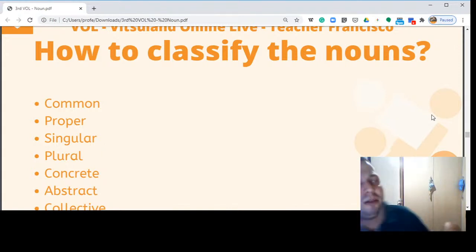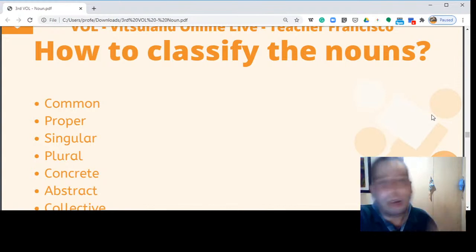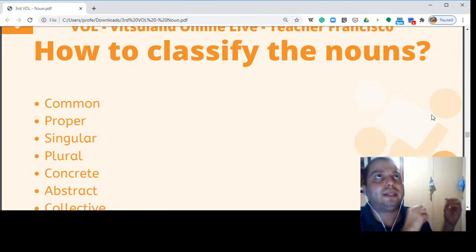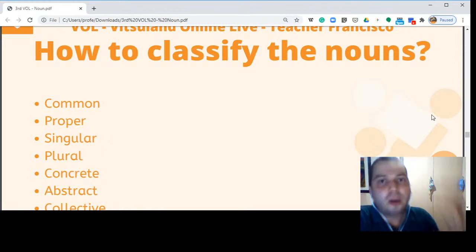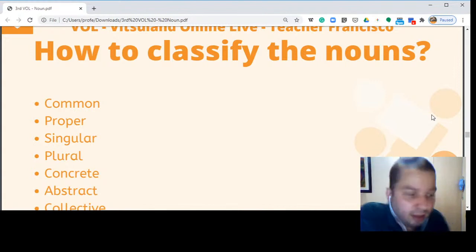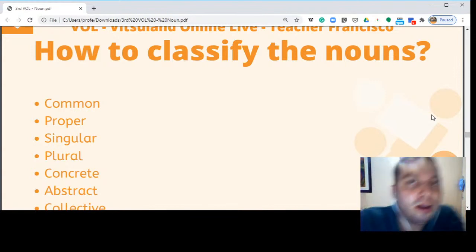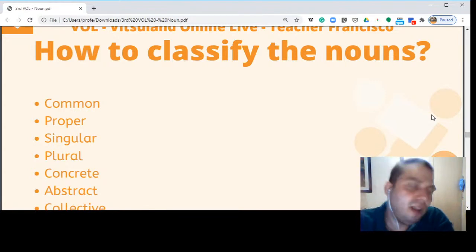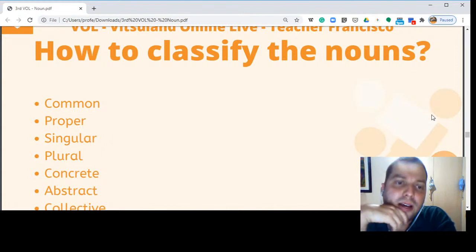A common noun is any kind of noun, but with proper nouns, we are referring to a specific person, people, or place, or the name of something. So, in general, we use proper nouns for different types of names.